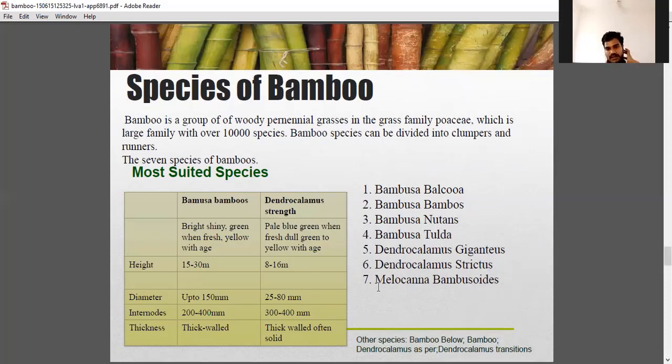Okay, and it can grow up to 15 to 30 meters, and diameter up to 150 mm. Okay, and the walls can be very thick. So these are the specifications of bamboo. Of course, these vary from species to species.